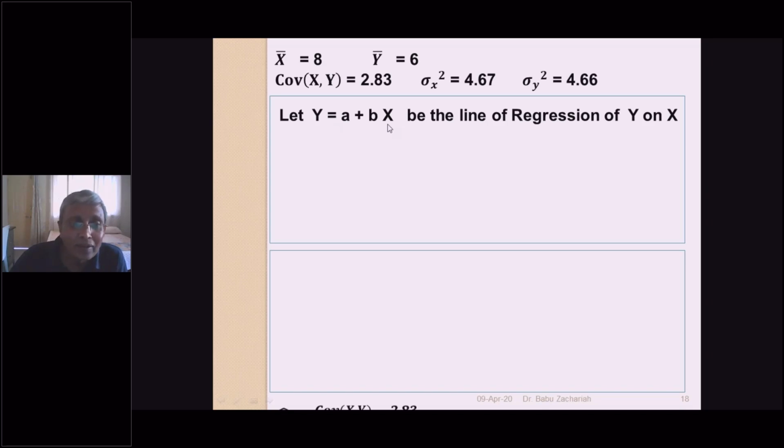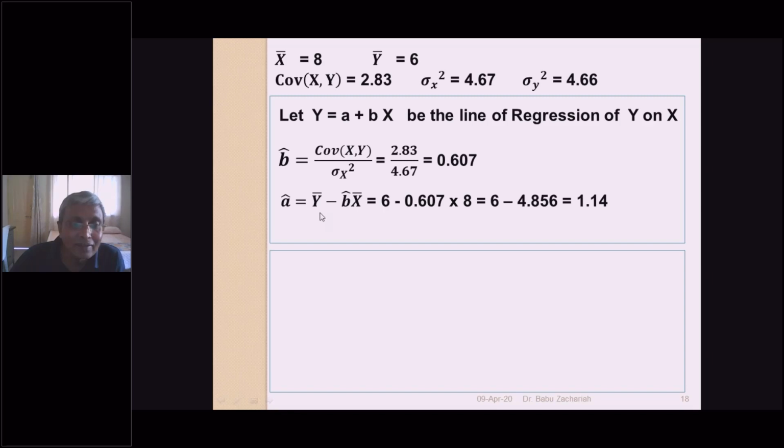Okay, now calculate b hat, the covariance between xy by sigma x square. So covariance is 2.83, sigma x square is 4.67. You get the answer. And a hat, y bar minus b hat times x bar.